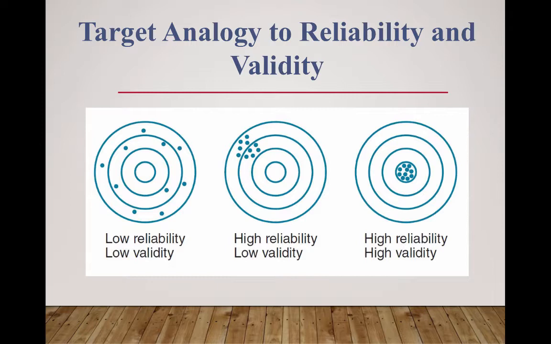So when you have high reliability, it means you're going to hit the same spot each time, but not the validity of accurately hitting the center of the bullseye. And the third one shows the goal of research, obviously, good validity and good reliability, where you hit the accurate center of the target and all of the shots are pretty much clustered in the same place reliably.